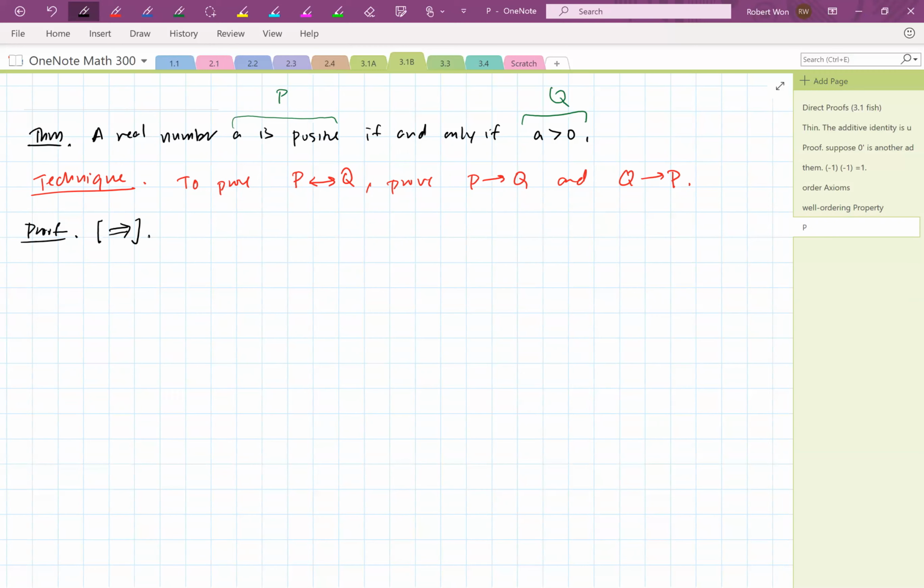I'm going to prove if P then Q. Then later when I do the reverse direction, I'll use this symbol to say, oh, now I'm going to prove if Q then P. And this is like signposts for my reader. So my reader knows, oh, this is where the first half of the proof is, this is where the second half of the proof is, and if they've done both of these, they've proved the if and only if. And by the way, this symbol is called capital R right arrow.